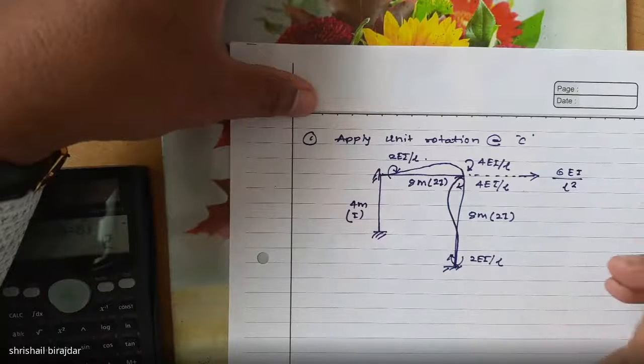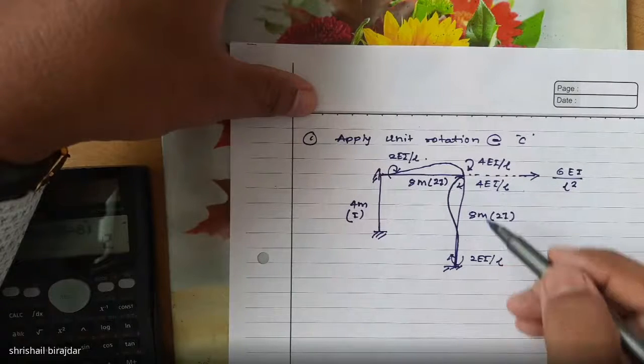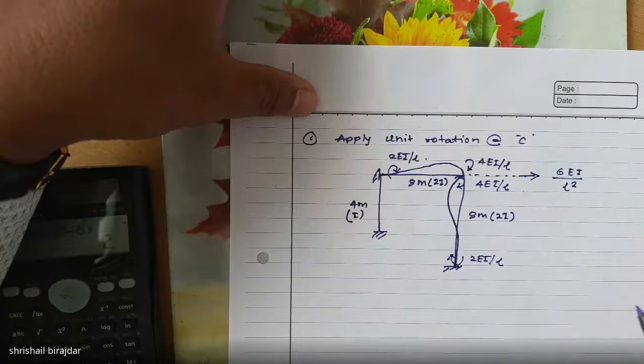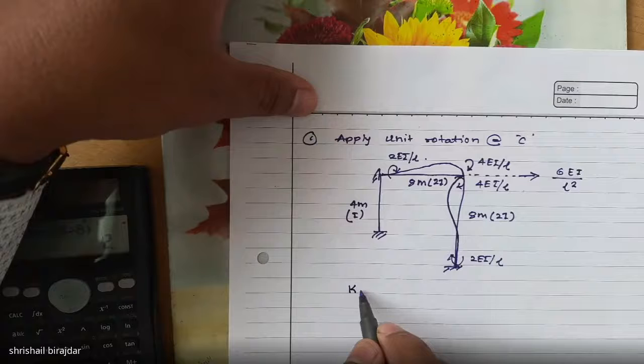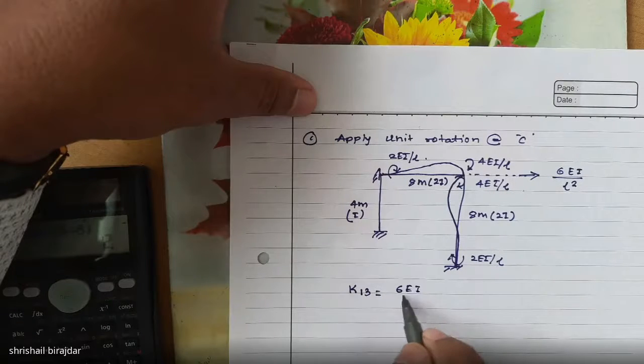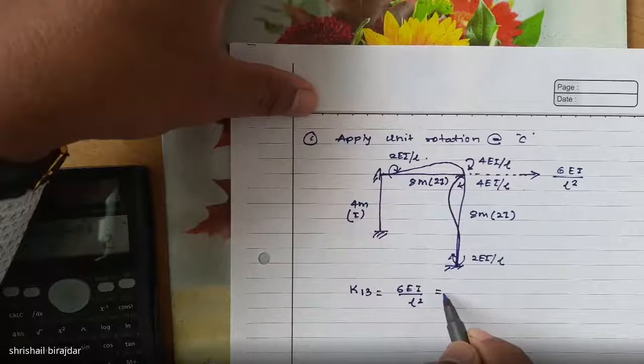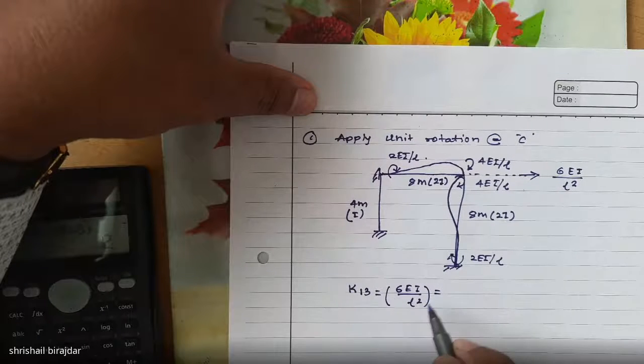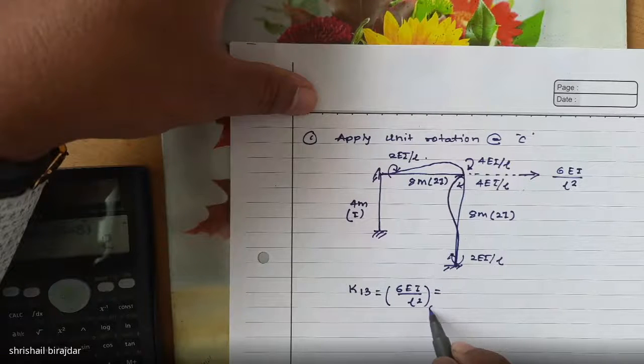because 4 plus 4, you directly take it as 6 EI divided by L square. For this translation, you just write down K13 equal to 6 EI divided by L square. But for here, I is different, CD.